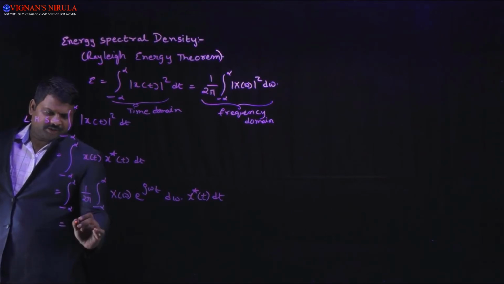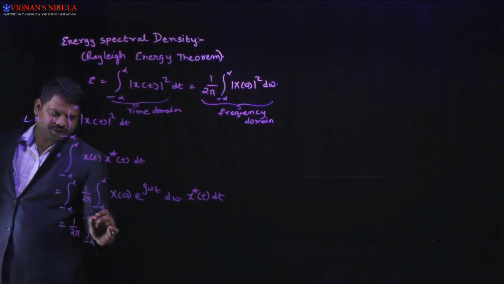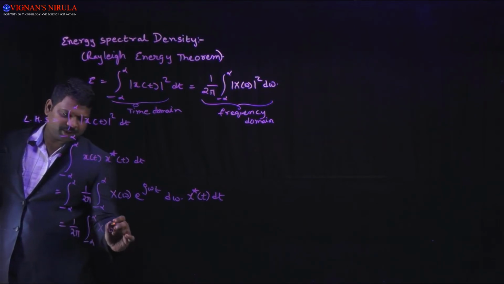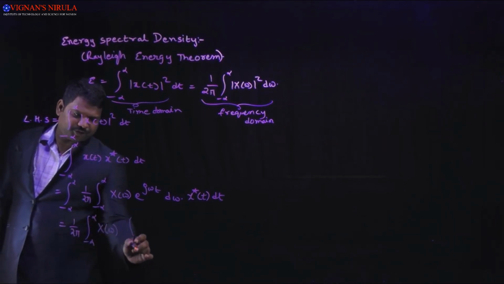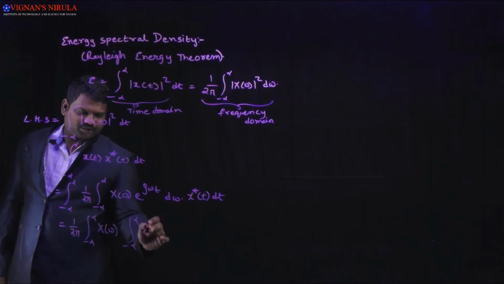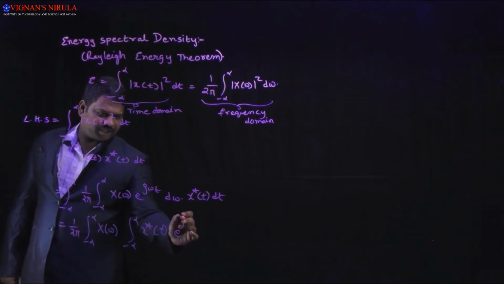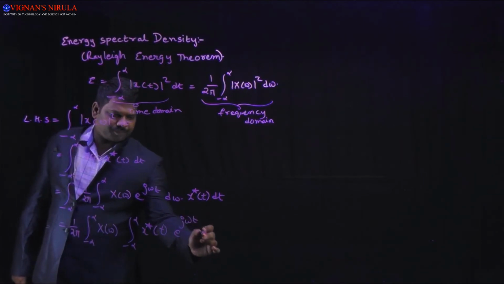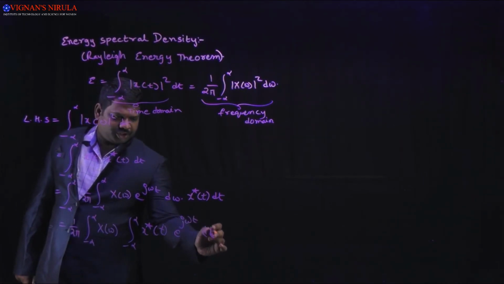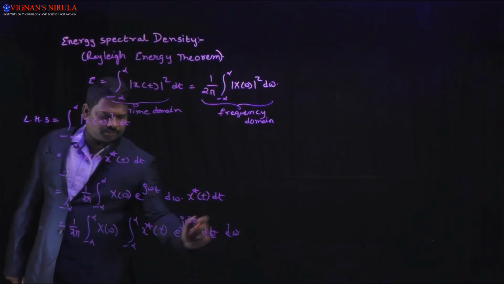Therefore, change the order of the integration: 1 by 2 pi from minus infinity to infinity X of omega, keep it outside, and the integral from minus infinity to infinity of x star of t e power j omega t dt, then lastly the d omega.